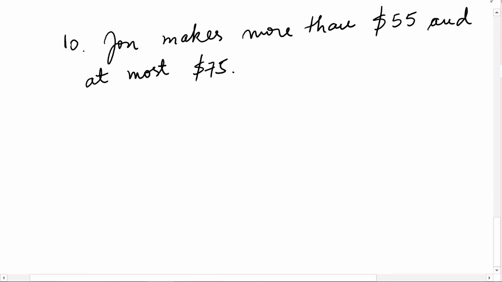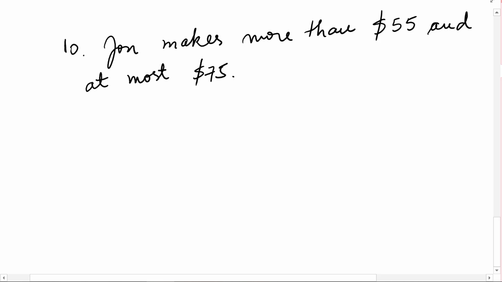And another one, John makes more than $55 and at most $75. So how do we write that? Well, he makes more than $55, so that means 55 is less than x, or x is greater than 55, and makes at most $75, so less than or equal to 75.